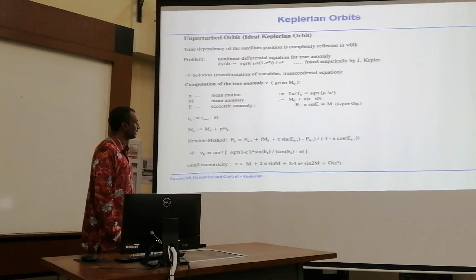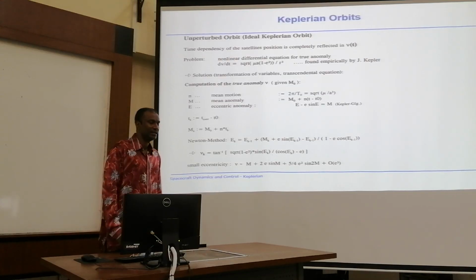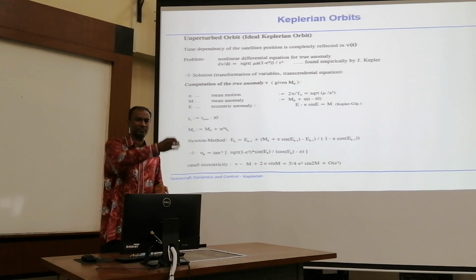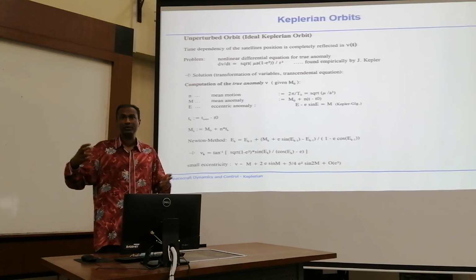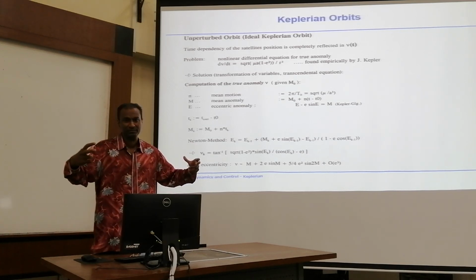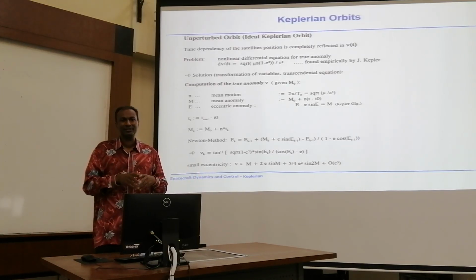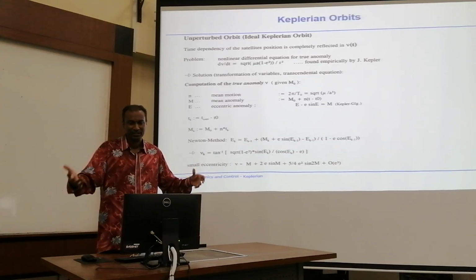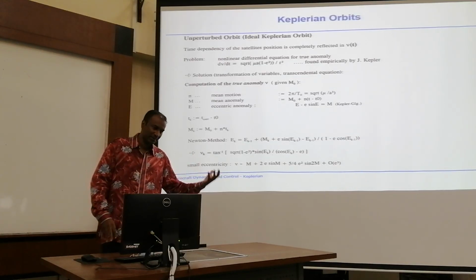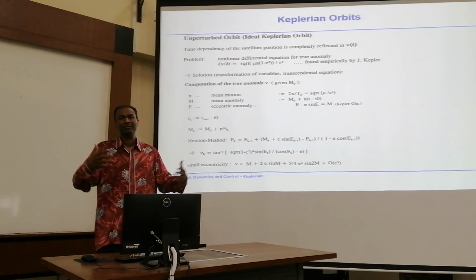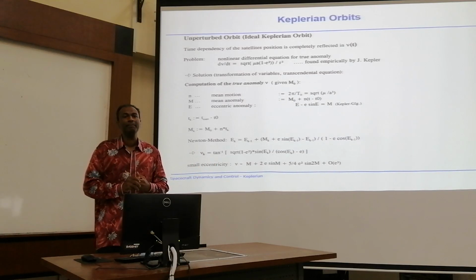Now the problem, as I said, is that we really can't find the actual time directly. In order for us to find the time, we need to have the difference. So mean anomaly came into the picture. We used Newton's law and Kepler's law, brought them together, and deduced a method to estimate the mean anomaly.